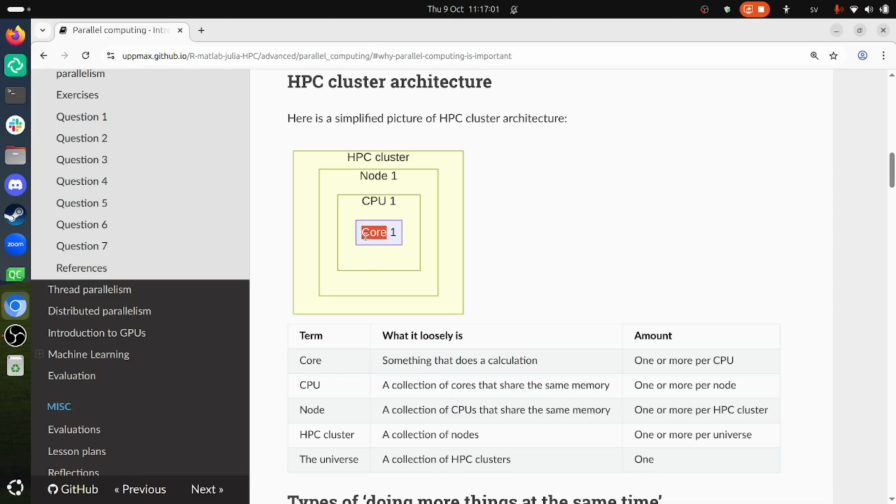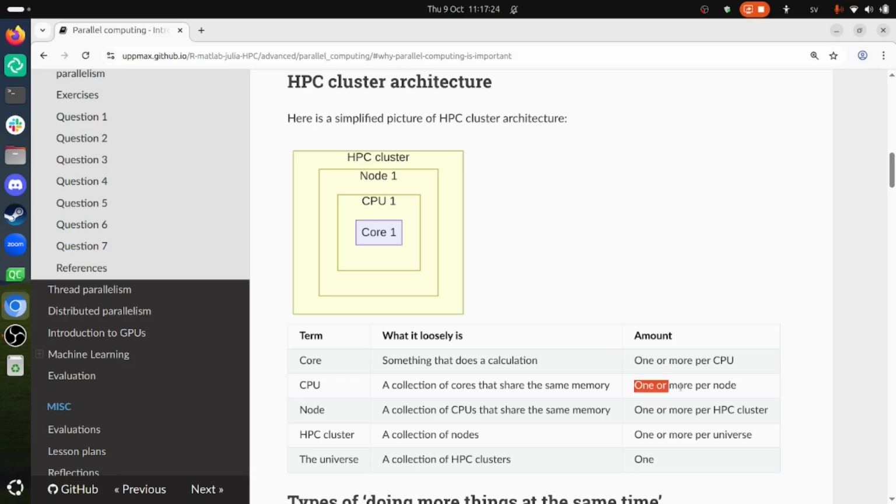A core is part of a CPU, and there are 1 or more cores per CPU. A CPU is a collection of cores that share the same memory. So all the cores share the same memory of that CPU.